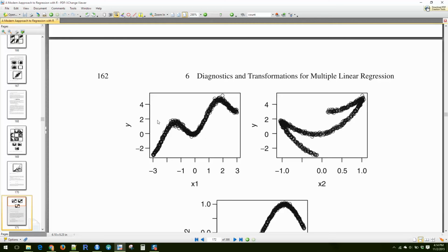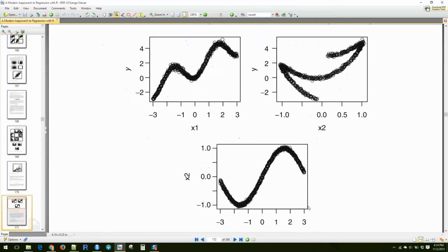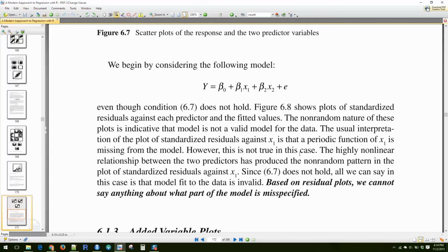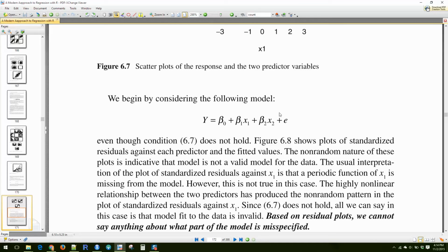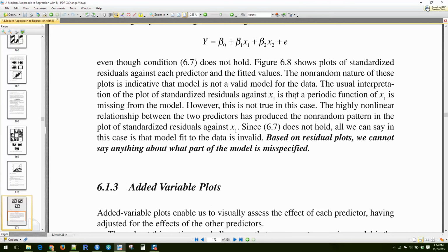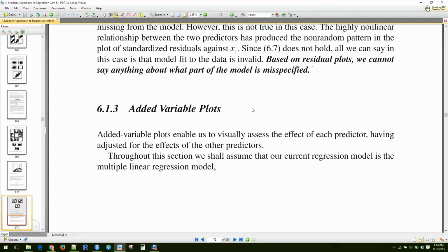Here's another pattern, and it looks like we have to add all sorts of terms, but it turns out it's nothing special. We're just missing a predictor that's different. So based on residual plots, we cannot say anything about what part of the model is misspecified. All of that, just to say that.